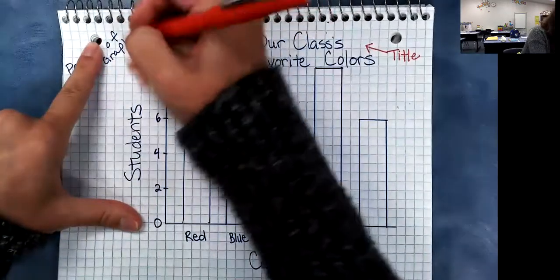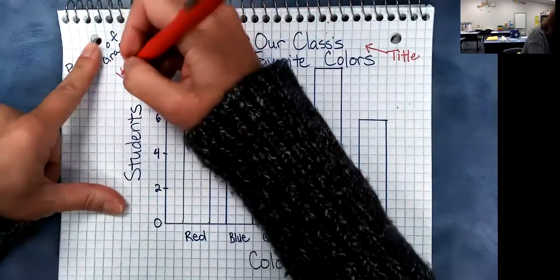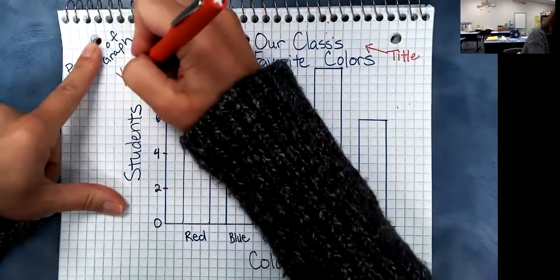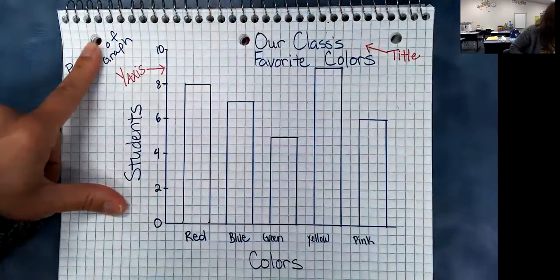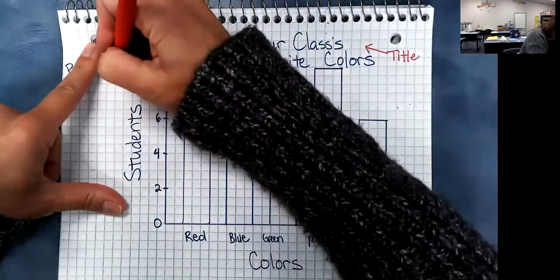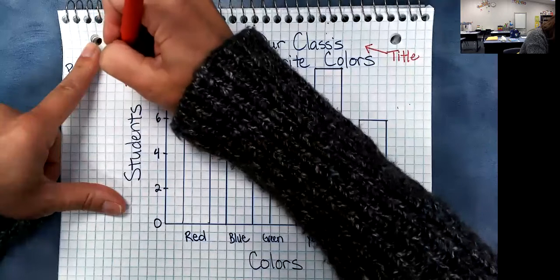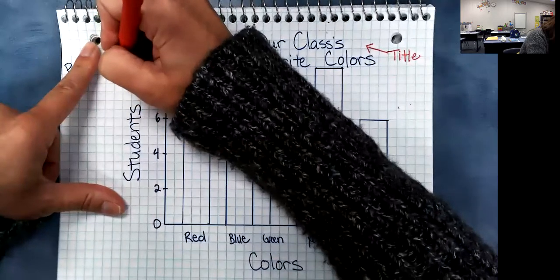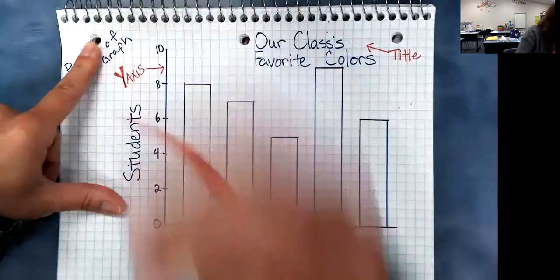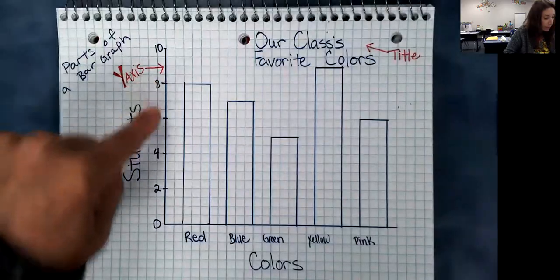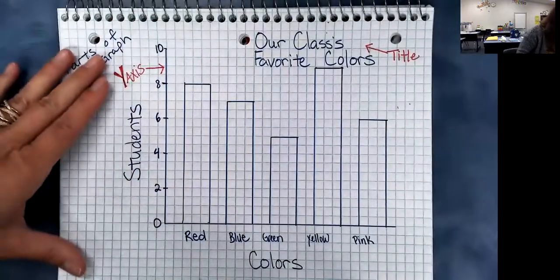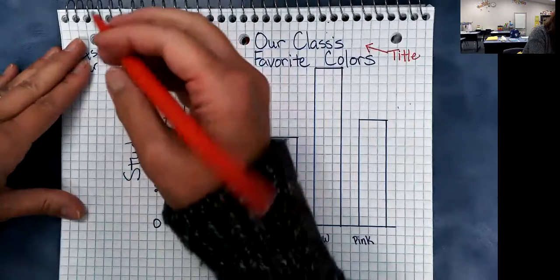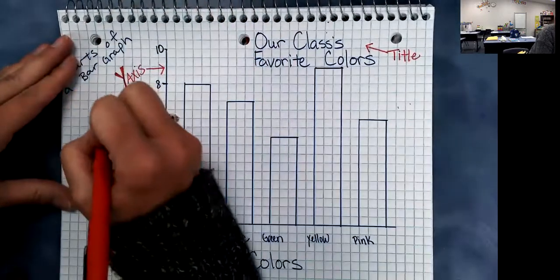Okay, and let's go over here. This is the y-axis right here. That's the y-axis. These numbers represent the scale. I'm going to put it right over here.